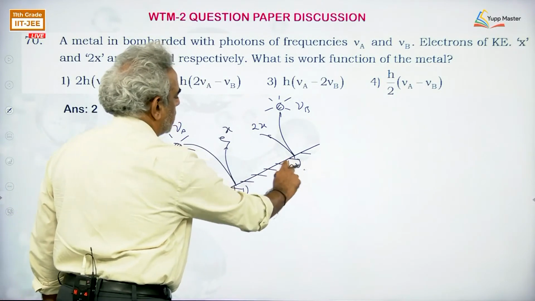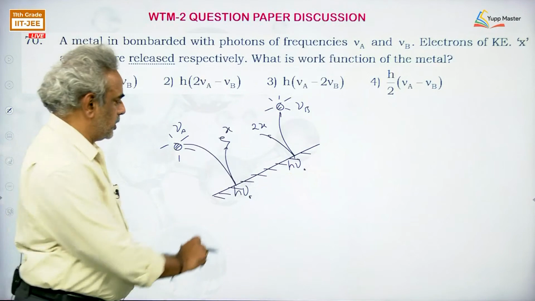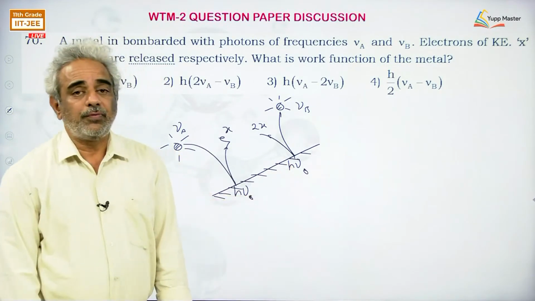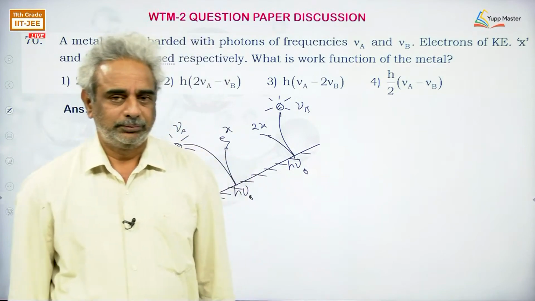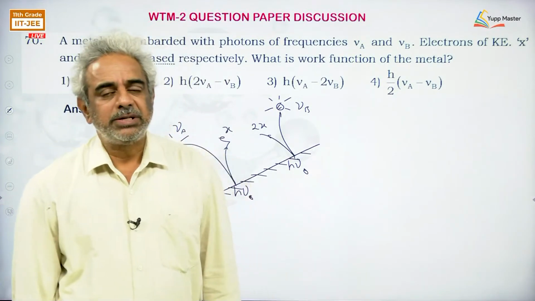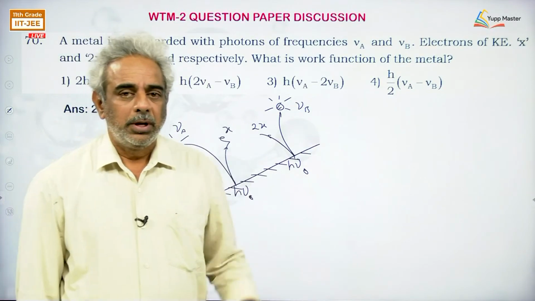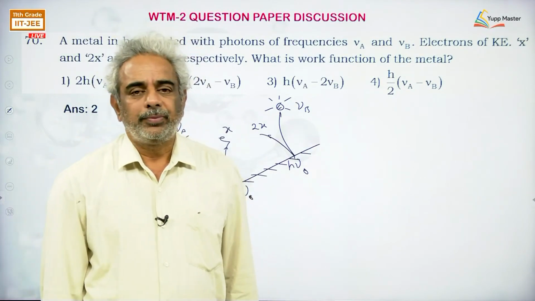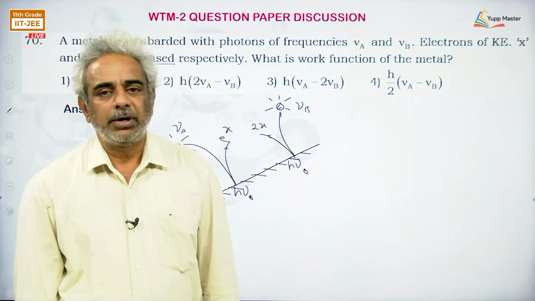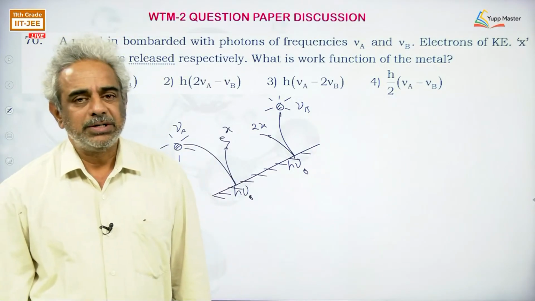Here also h nu naught is absorbed, because the work function is a characteristic value for a given metal. So whatever energy the incident photon possesses, the metal will always absorb a fixed part of it. The remaining energy is converted into the kinetic energy of the electron.